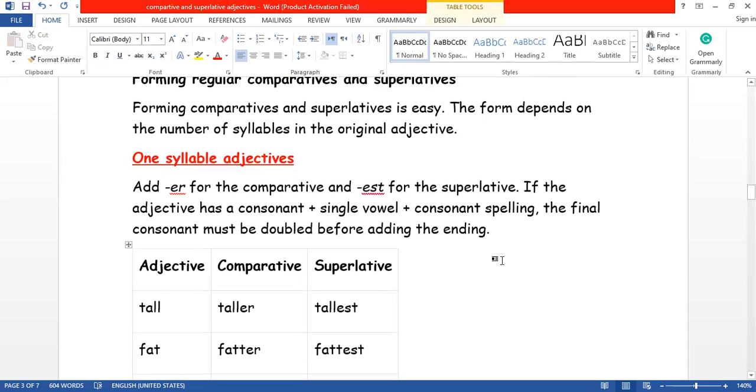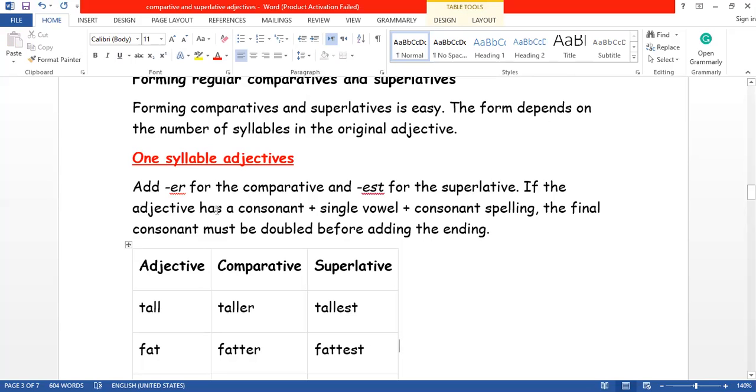So most of you are going to ask me, teacher, how could I know that this is a one-syllable adjective? Here is an explanation of the one-syllable adjective.